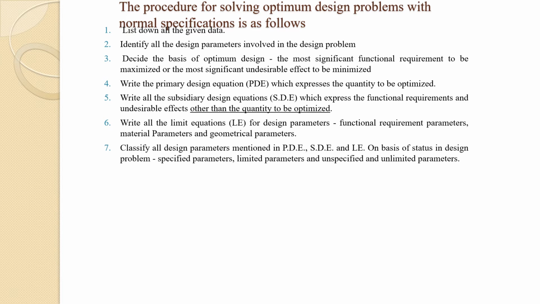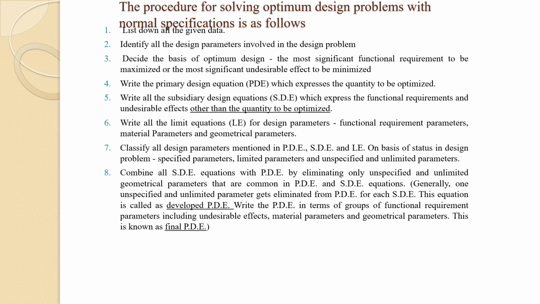Next step is to write all the limit equations for the design parameters, which include functional requirement parameters, material parameters, and geometrical parameters. Next step is to classify all design parameters mentioned in the primary design equation, subsidiary design equations, and limit equations on the basis of status in the design problem, that is specified parameters, limited parameters, and unspecified or unlimited parameters.